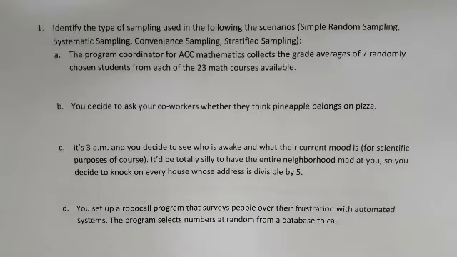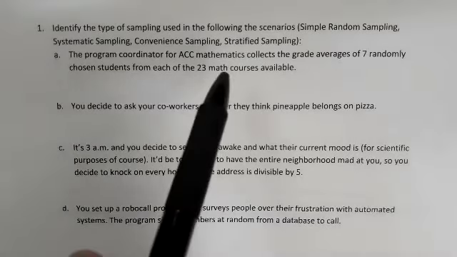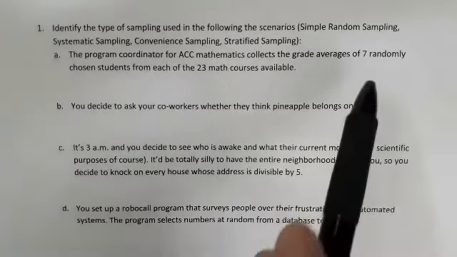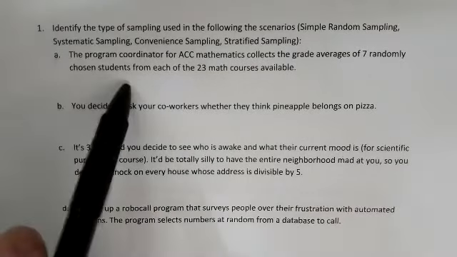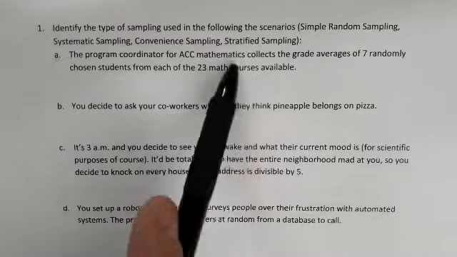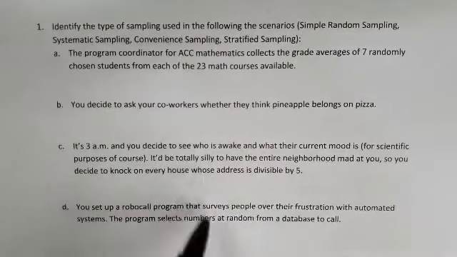So if we're looking at this, we have A, and I'd like to contrast that with D. This says we have a robocall program selecting numbers at random from a database. So this is selecting numbers at random. And this one, 7 randomly chosen, is also selected at random. But there's a key difference between these two.